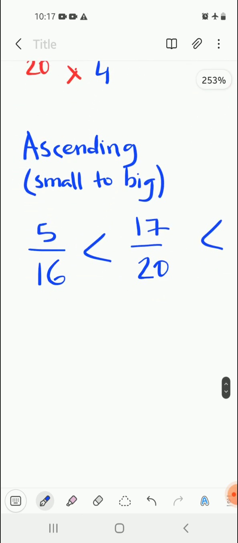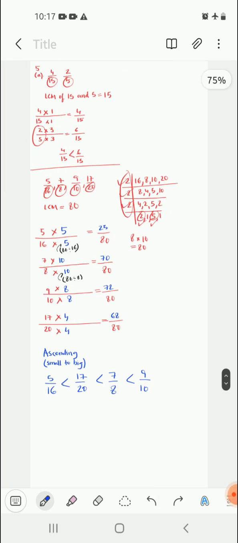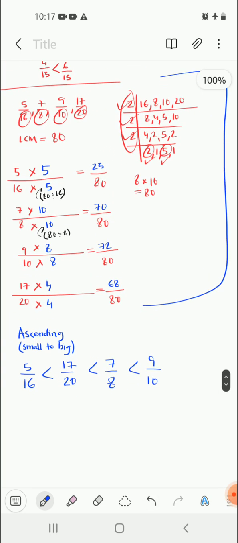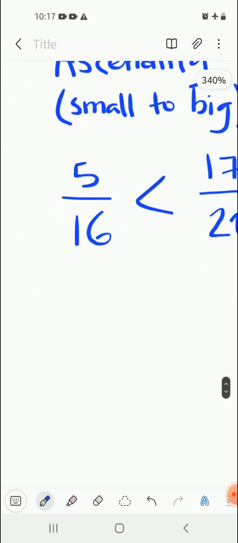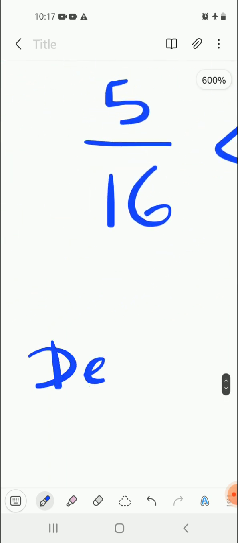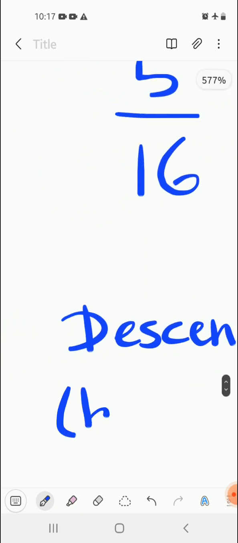For descending order, same process will be followed till here. Only the arrangement will be different. Otherwise, we'll follow the same process and the arrangement will be reversed. That is, for descending order, descending means big to small.